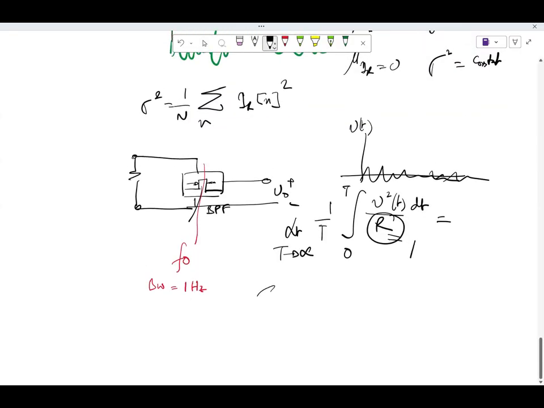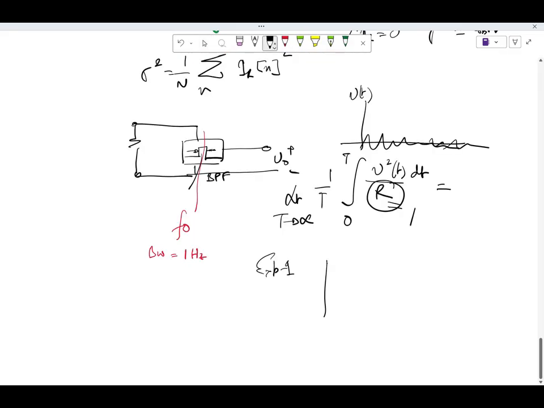So experiment 1: I will plot this. Here I am plotting f, that is, f naught, the center frequency of the band pass filter, against P(f naught).